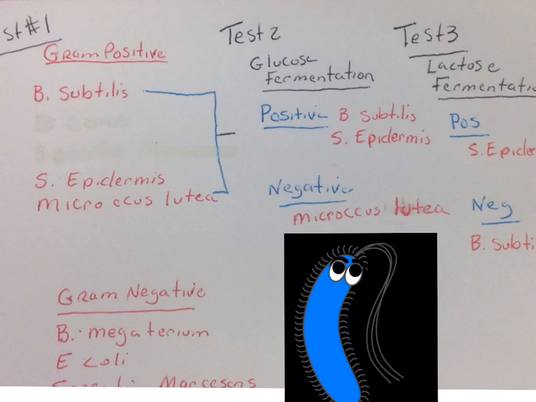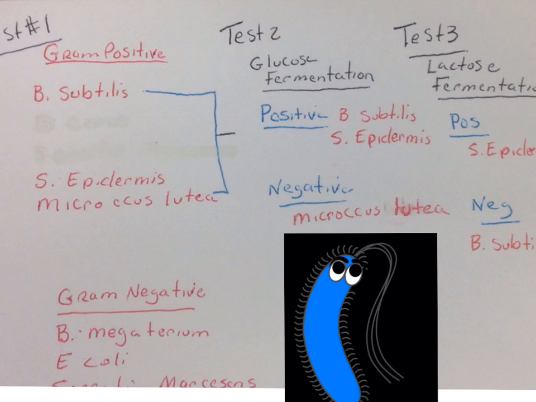So I come up with my key, I write this out in advance, and I would go back and write one out for my gram negative bacteria, separating it down just like I did with the gram positive, so that I then go into the lab. I run my first test. It's a gram test. I look at my results. If it's gram positive, then I'm going to follow this key through. If it's gram negative, I'm going to ignore this stuff up here, and I'm going to follow the key that I made here.